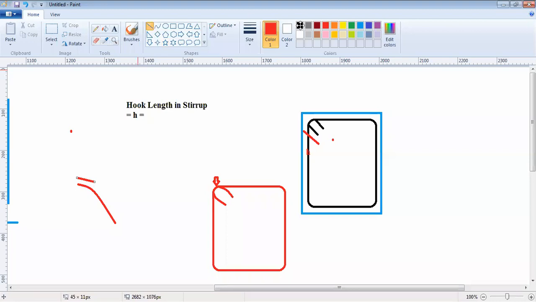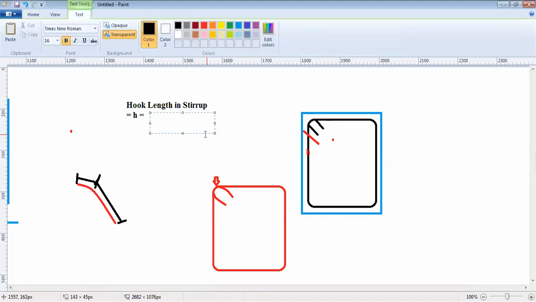First this portion is there, this one, then this portion of the hook comes, which is a straight portion. So there are two portions, from this point to this point and from this point up till this point in this hook. Now that total portion has to be the hook length, and as per code, it has to be 16 times the dia of stirrup, which is 16 times 8 mm that we have taken.